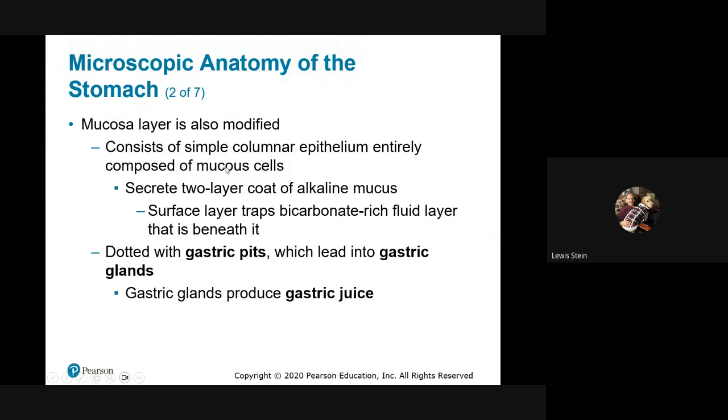The mucus is basically very alkaline in nature. Because the lining cells in the stomach have a lot of tight junctions, it forms a very significant barrier, and that barrier does not allow that acidic solution to penetrate.